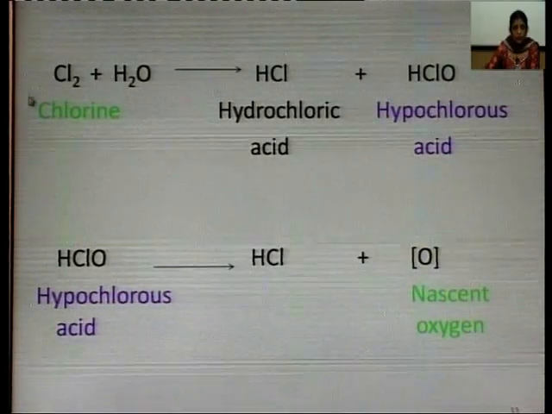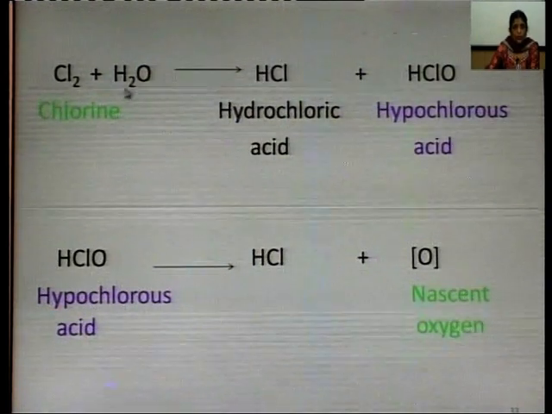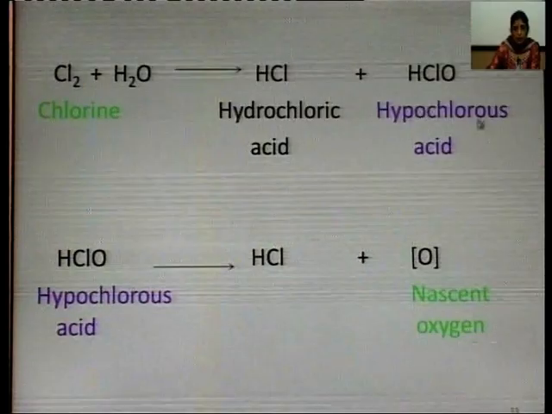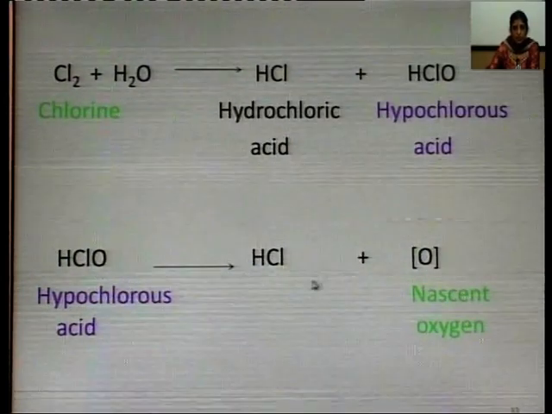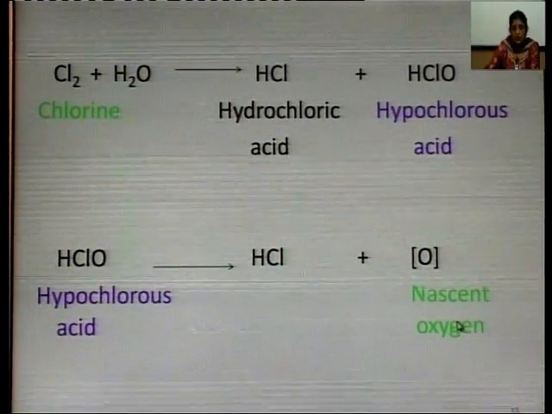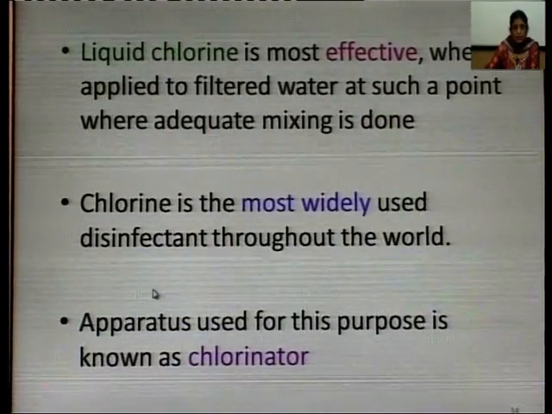So, chlorine can be in the form of gas or liquid. It reacts with water, forming hydrochloric acid and hypochlorous acid. This hypochlorous acid further dissociates into HCl and nascent oxygen. Nascent oxygen and hypochlorous acid both are germicides.